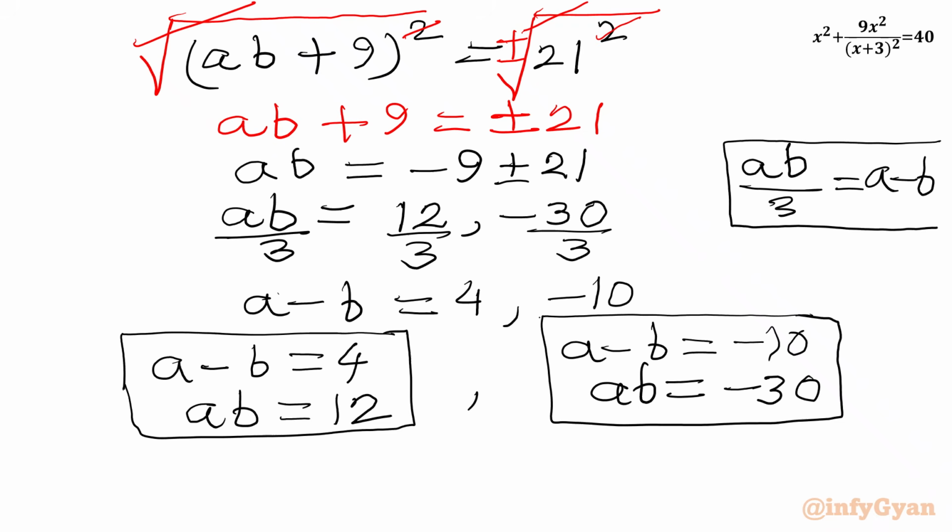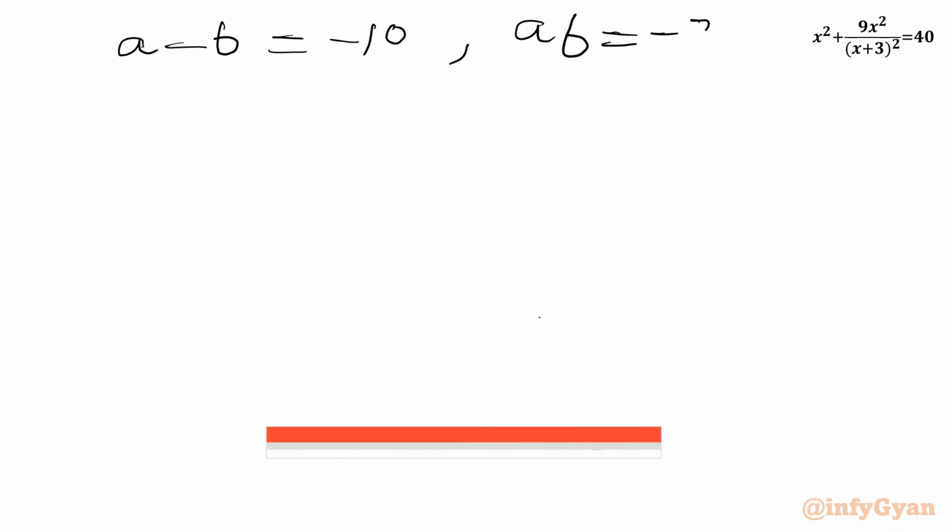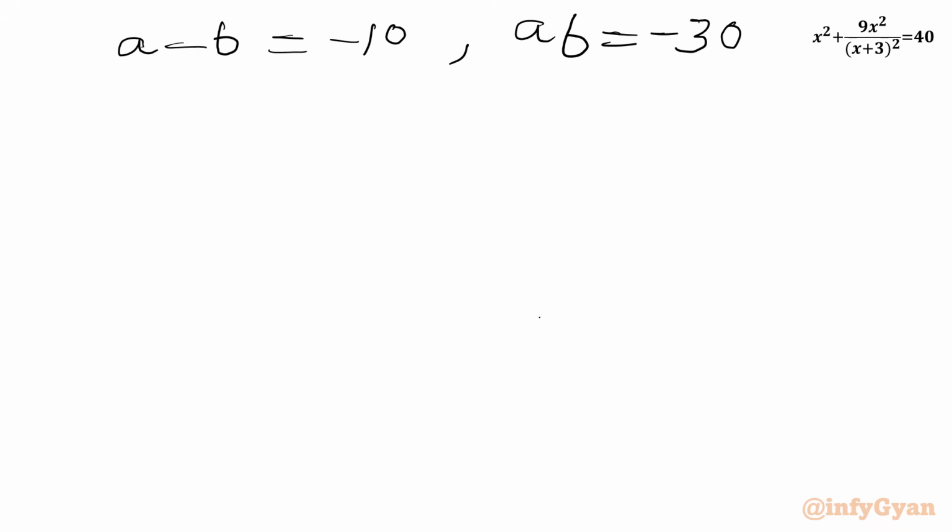If I begin with the second system, A minus B equals minus 10 and AB is equal to minus 30. From this equation, if I find the B value, then B will be equal to A plus 10, which we will plug in here.